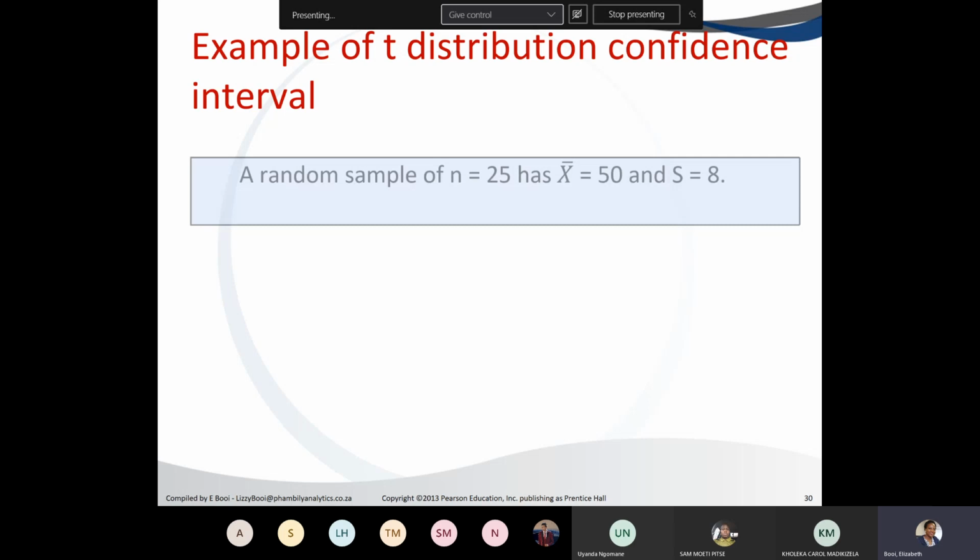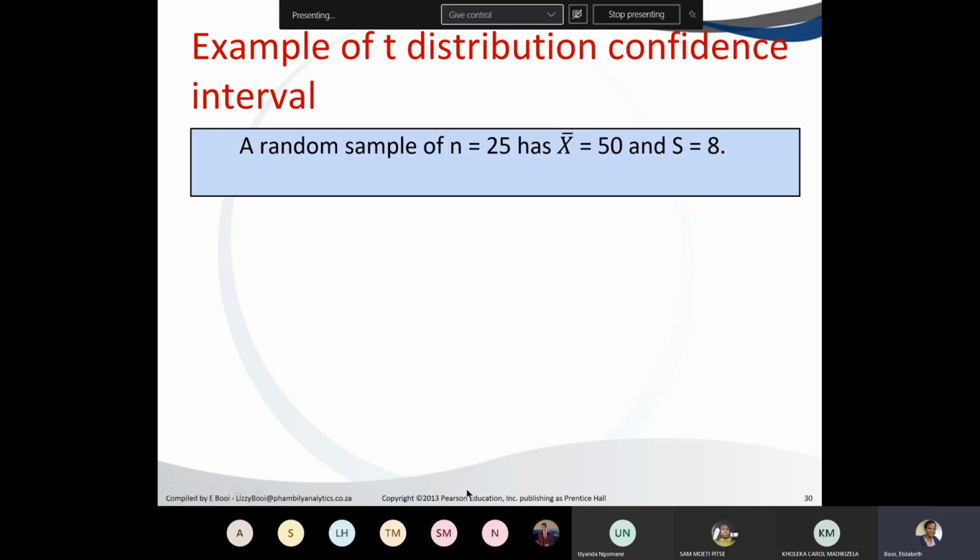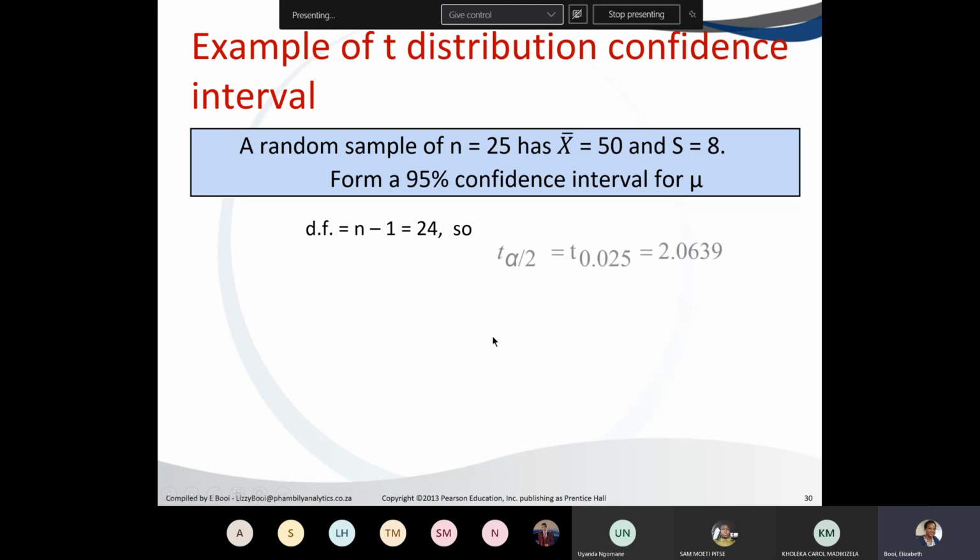Let's look at an example. If I have a random sample of n equals 25, a sample mean of 50, and a sample standard deviation of 8, and I want to form a 95% confidence interval, I can calculate the degrees of freedom, and then go find the critical value on the table. So remember, our degrees of freedom is 24. Because it's 95%, our alpha will be 0.05.